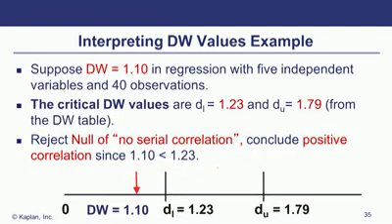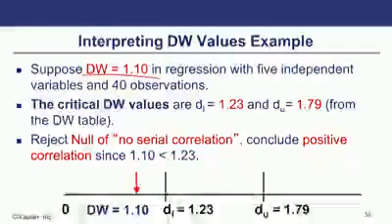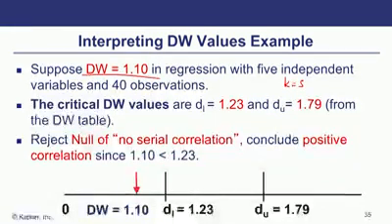Here's a concrete example. Durbin-Watson is 1.1 in a regression with 5 independents, so k is equal to 5, and 40 observations, n is equal to 40. Now, if you have your Durbin-Watson tables with you at the back of the Schweizer, open your books at the end and look for those values.